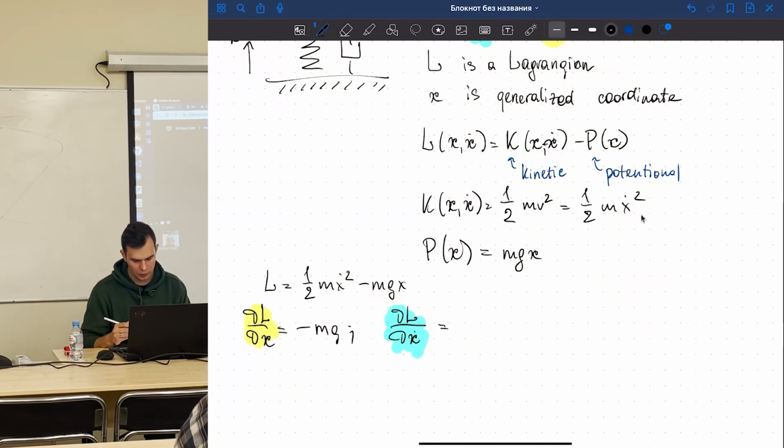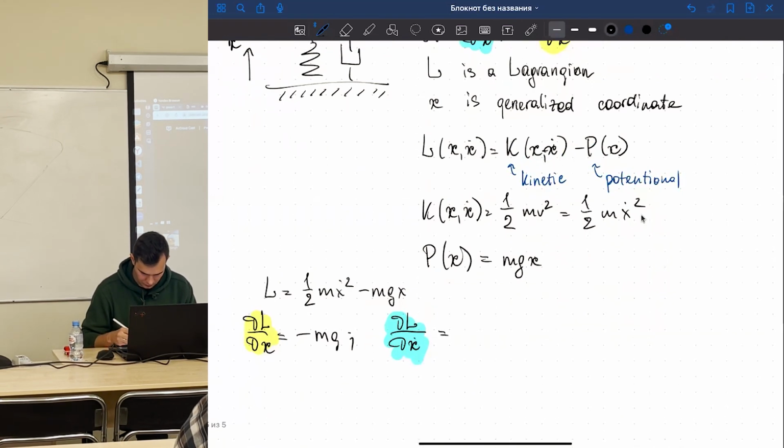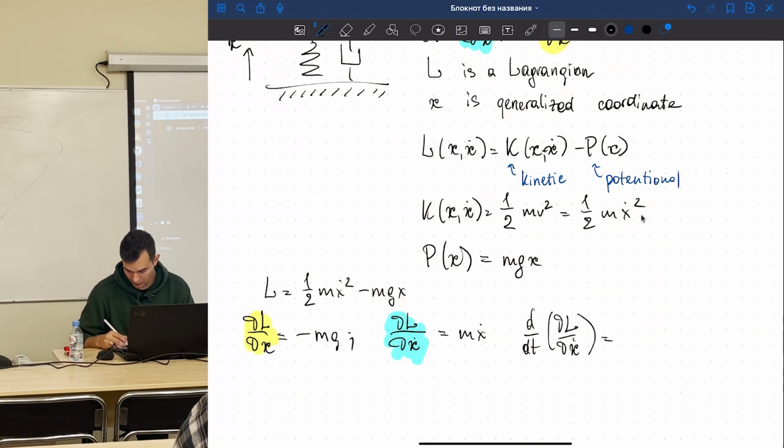What will it be? m x dot, right? And now finally the full time derivative of the previous one will be m x double dot.